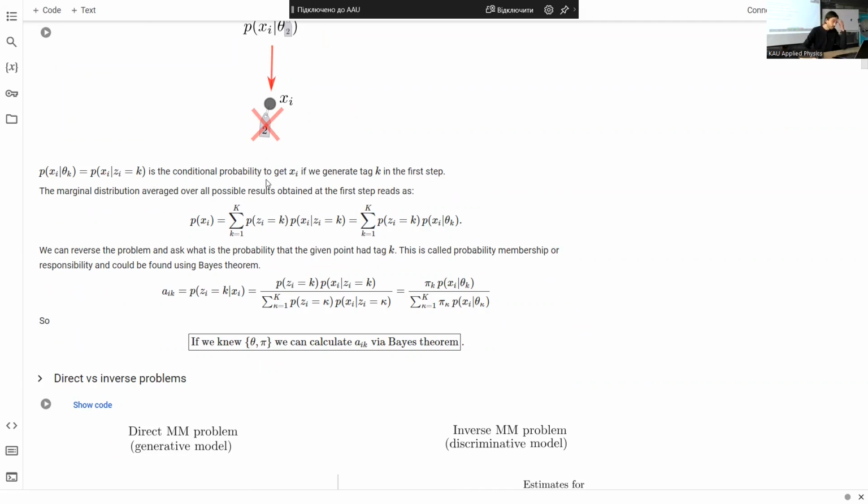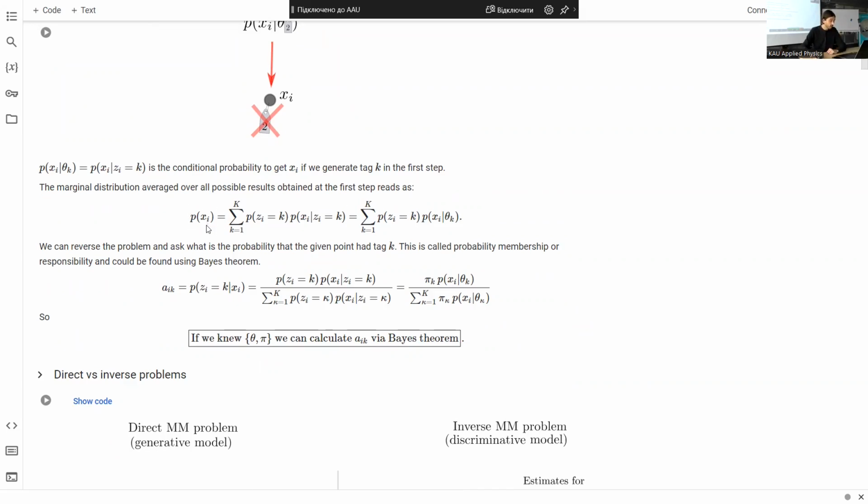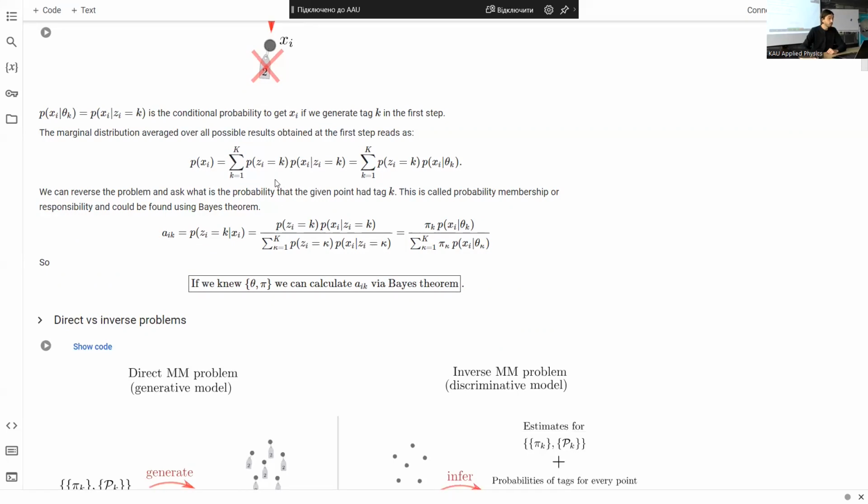The marginal distribution, if we average over all possible results obtained at the first step, reads as this, p(x_i), and you are trying to marginalize with respect to all labels. So I'm taking all different labels k, and I'm adding the probabilities of getting my point x_i with respect to any possible label. So here we have the formulae.